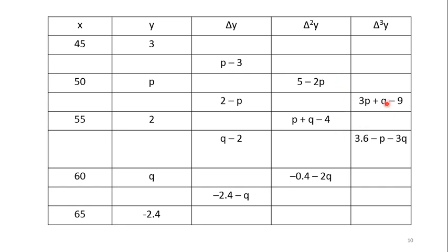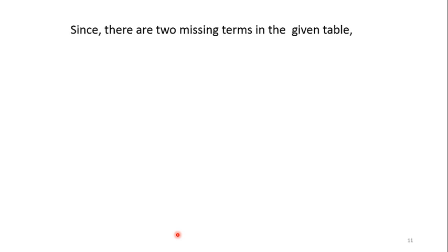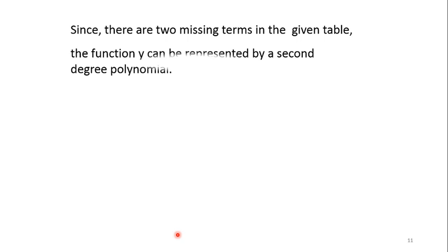Again you find the difference. You can continue one more difference by taking the difference of these. Because we have two unknowns, we require two algebraic equations in p and q. That's why we equate to 0 the last differences from this table. Since there are two missing terms in the table, the function y can be expressed by a second degree polynomial.